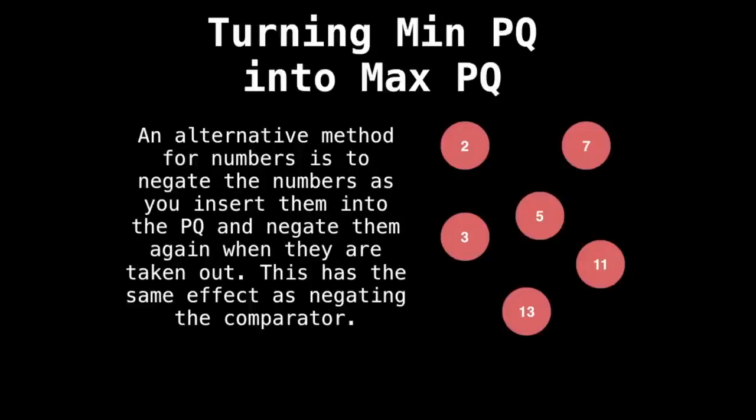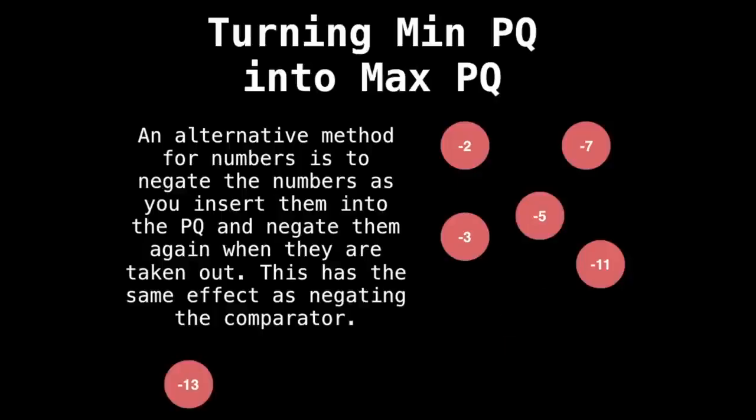An alternative method for numbers is to negate the number before you insert it and negate it again when it comes out. This is a hack specific to numbers, but it's pretty nice. So let's see how that works. Let's negate all the numbers inside our priority queue, and now we can see that definitely minus 13 is the smallest, so it should come out first.